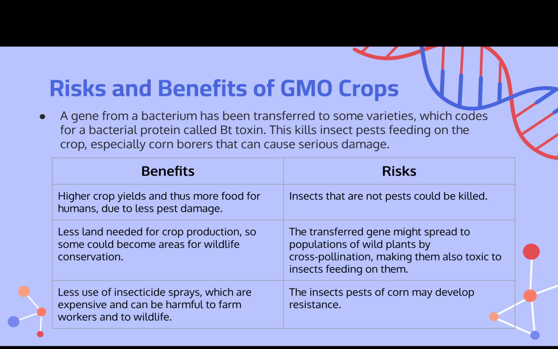This kills insect pests feeding on the crop, especially corn borers that can cause serious damage. However, this very gene has its own benefits and risks from being transferred into GMOs.